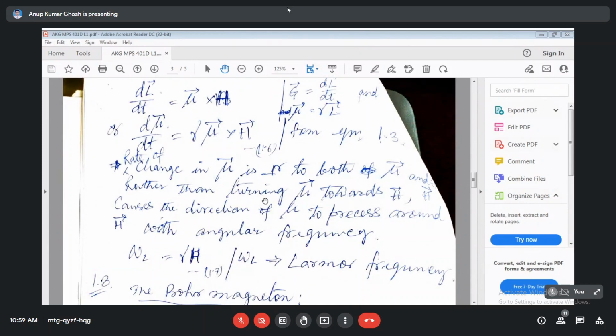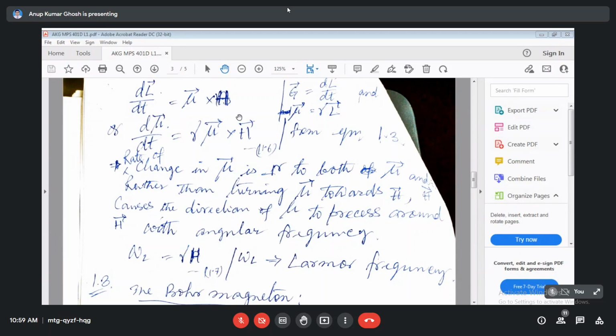So the rate of change of mu, that is the magnetic moment, is perpendicular to both mu and H, because it is mu cross H. So the direction of d mu/dt, the rate of change of mu with respect to time, is not simply the alignment towards the magnetic field.